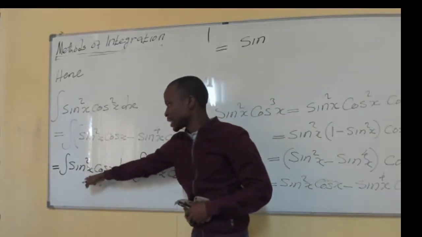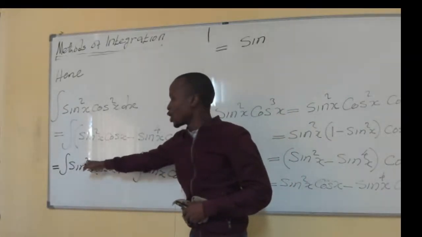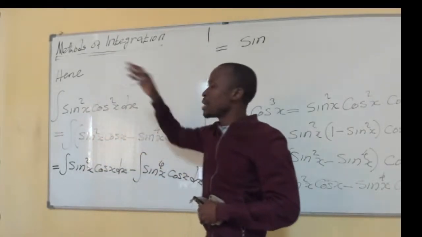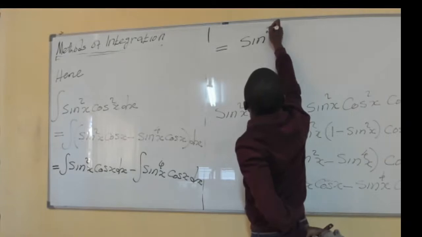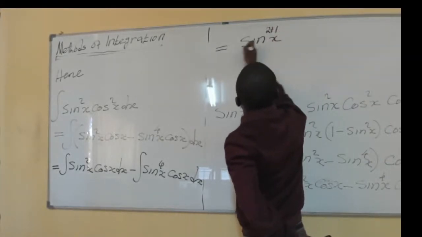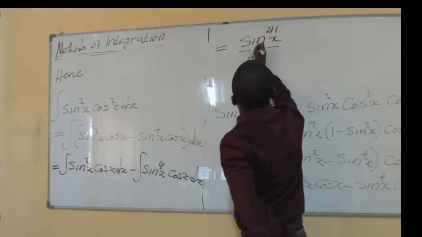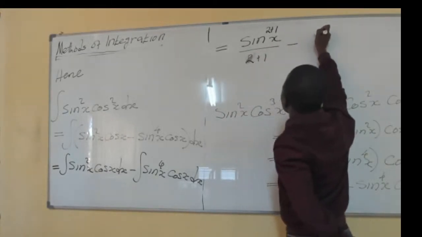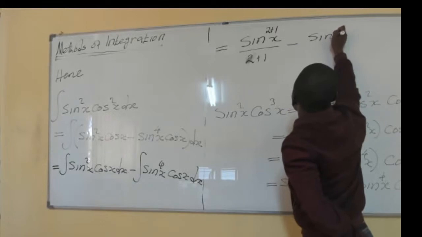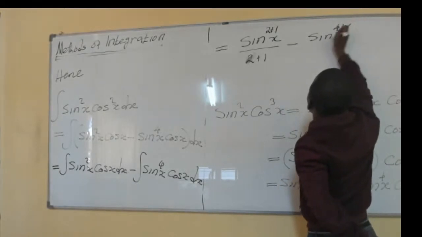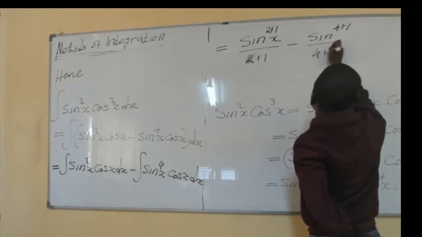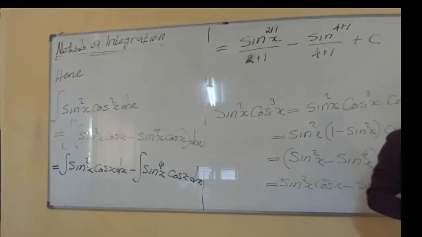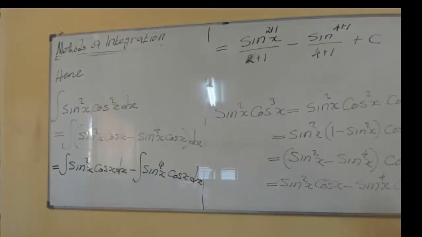In the first part, our n is equal to 2, so it will be sine x to the power 2 plus 1 over 2 plus 1, then minus sine to the power 4 plus 1 over 4 plus 1, then plus c. So this is what we're supposed to have.